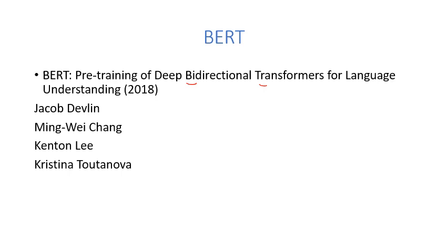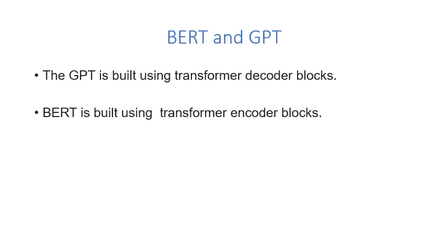Basically, it is a model which is called BERT. And these are the authors from Google. Okay, what is BERT and what is GPT-2? GPT-2 is basically a stack of decoders of a transformer, and BERT is a stack of encoders of a transformer.